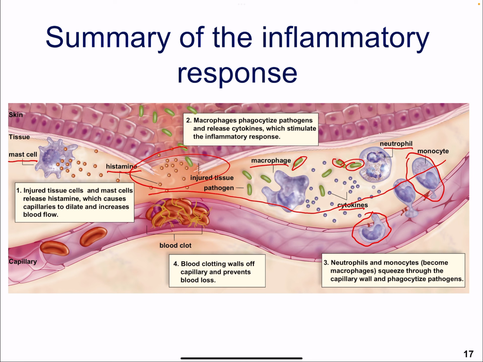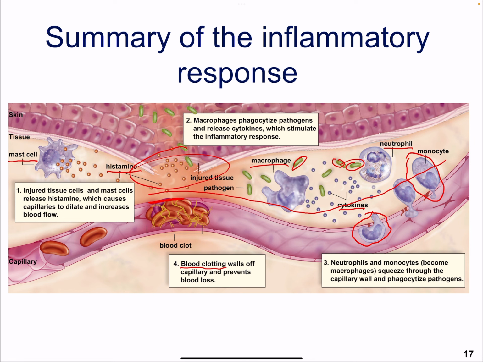Eventually, we are going to see a blood clot that is going to form, right? We're going to see some platelets that are going to come in the area here, and then we're going to have the prothrombin activator that is going to come. The prothrombin activator is going to activate prothrombin in presence of calcium, and prothrombin will turn into thrombin.